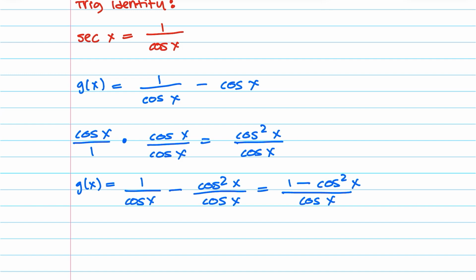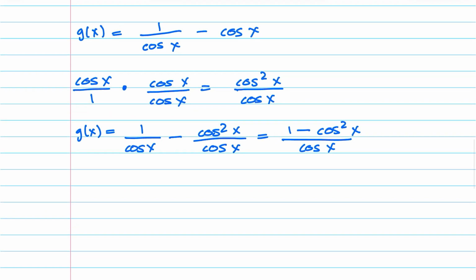To go ahead and move on, we're going to need a trig identity to continue simplifying this expression that we have. And the trig identity that we'll go ahead and use this time is cosine squared x plus sine squared x is equal to 1. But notice from the numerator that we don't have cosine squared x plus sine squared x.